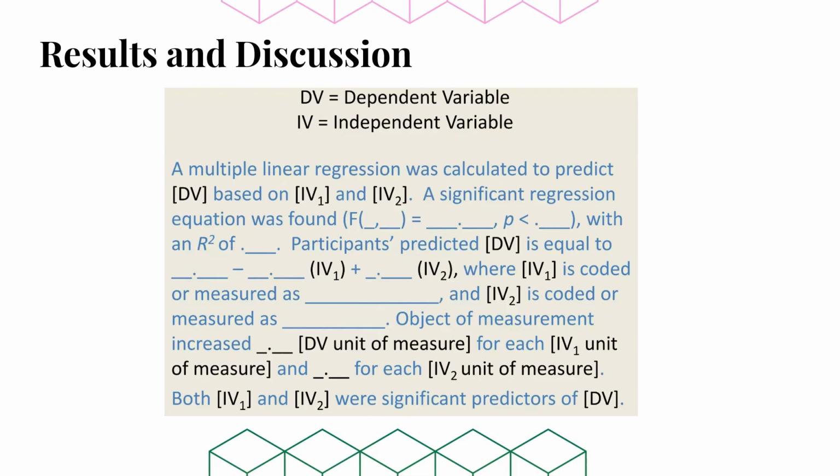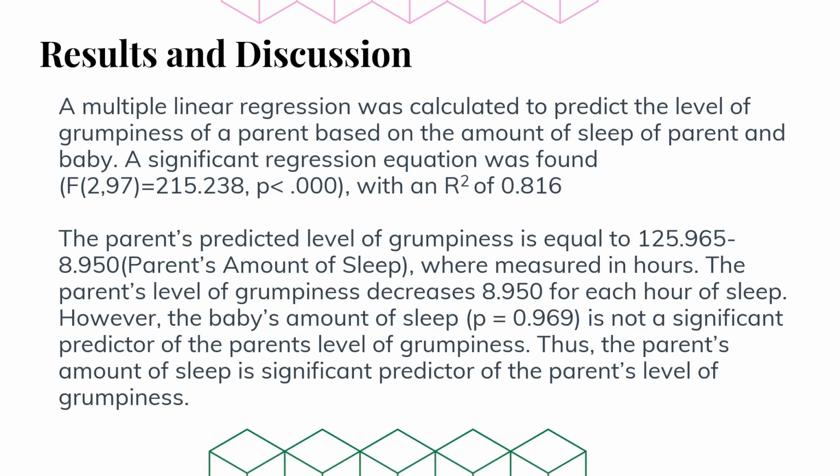For the results and discussion, here is the guide in order for us to present our results and discussion. Using this guide, we can have the results and discussion of our sample problem. It is stated: a multiple linear regression was calculated to predict the level of grumpiness, which is our DV, of a parent based on the amount of sleep of the parent and the baby, which are our independent variables.